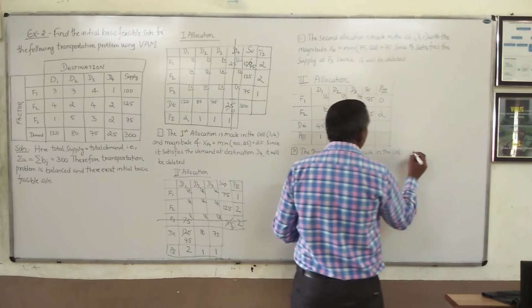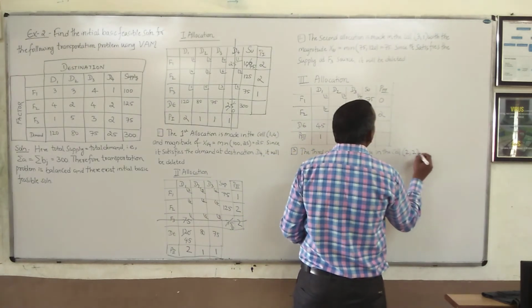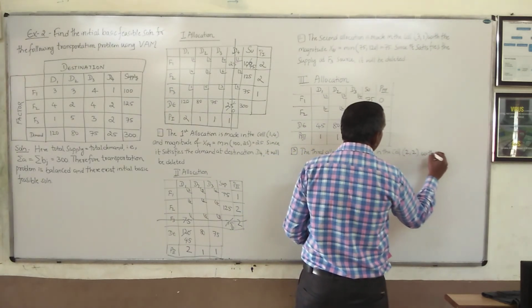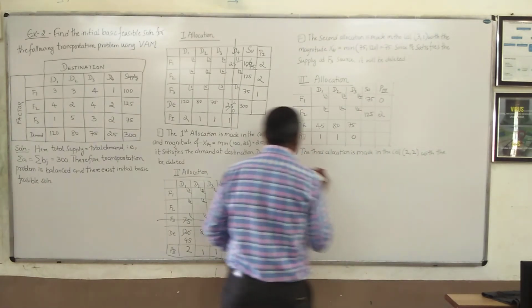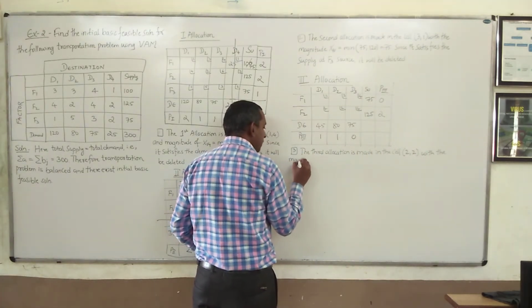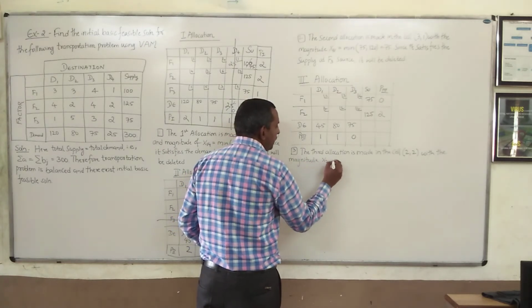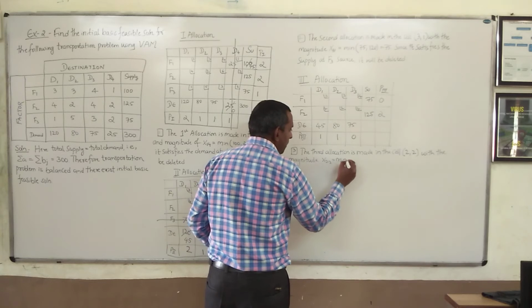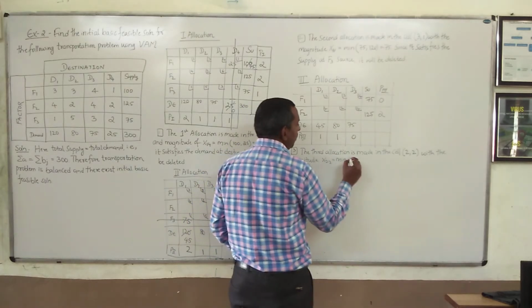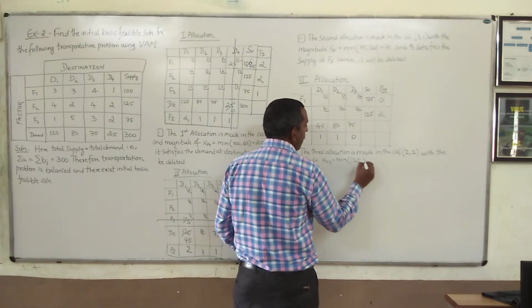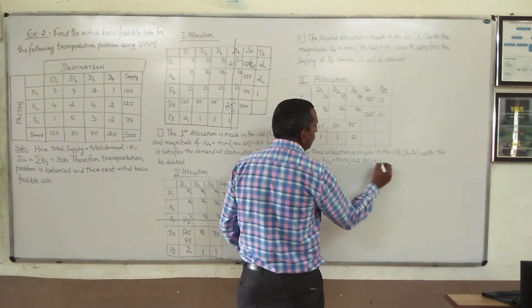In the cell 2, 2 with the magnitude x22, minimum of what it is, 125, 80, that is equal to 80.